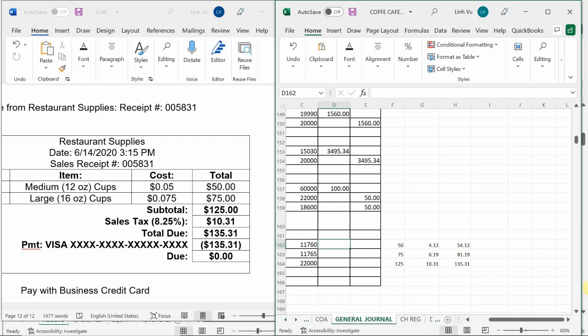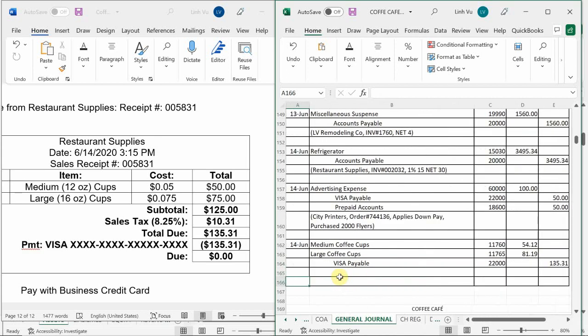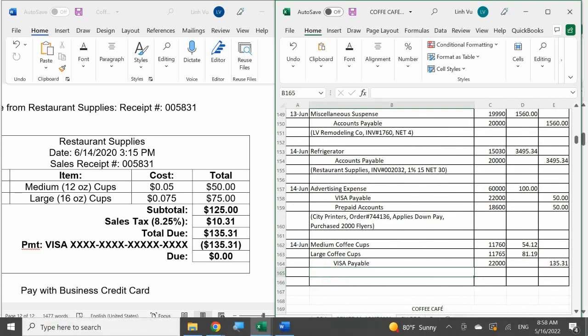Like I've mentioned before, most likely it will be where the more money is being spent, or the higher amount for calculation. So $54.12 is for the medium, $81.19 for the large, to give you a grand total of $135.31.